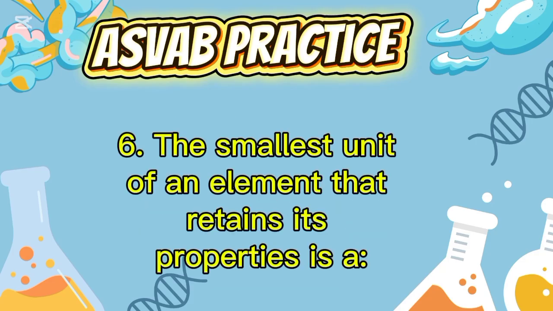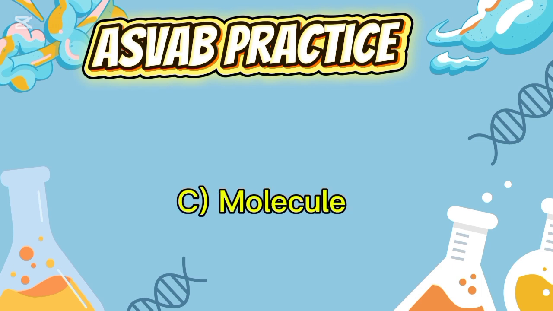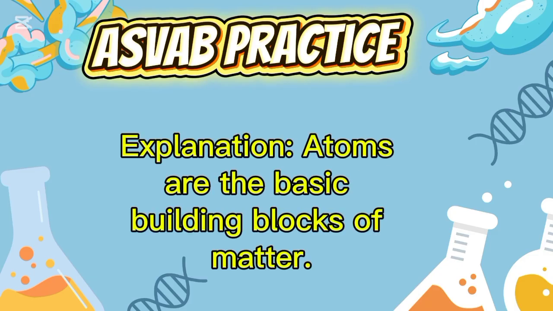The smallest unit of an element that retains its properties is A. Proton. B. Atom. C. Molecule. D. Neutron. Correct answer, B. Atom. Explanation. Atoms are the basic building blocks of matter.